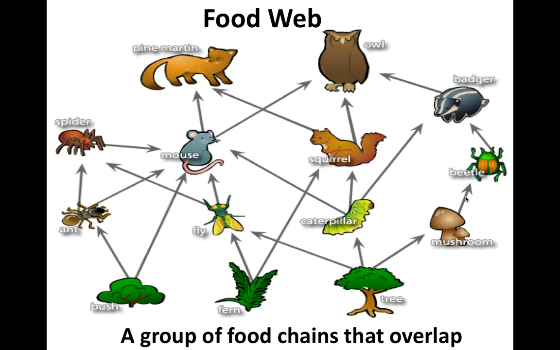However, it's going to be giving energy or food to a creature called the pine marten. Same thing if you're looking at the badgers. A badger might be consuming something such as a beetle. However, it could become a meal for an animal such as an owl.